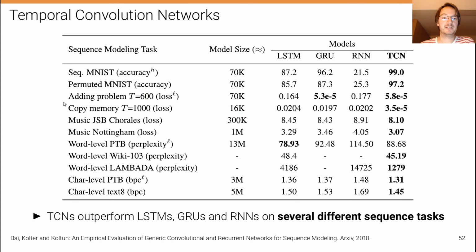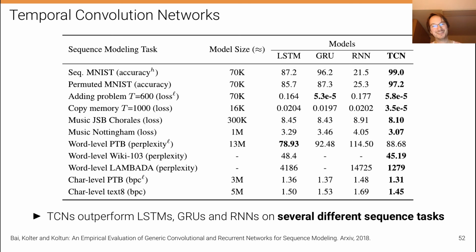Here are several different tasks, from image processing, adding, copying, music processing, natural language processing, across a whole variety of tasks that have been considered the home turf of LSTMs, GRUs and RNNs. They demonstrated that these very simple and easy to train feed-forward networks can actually outperform these recurrent models.